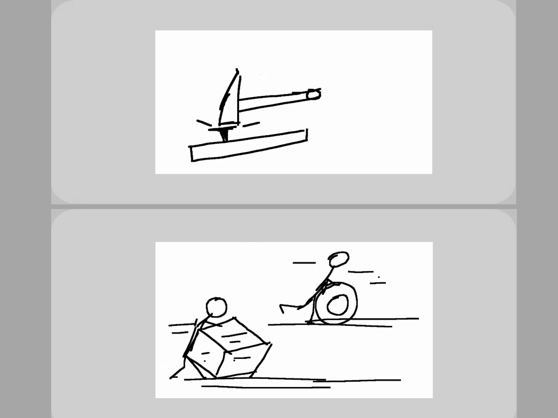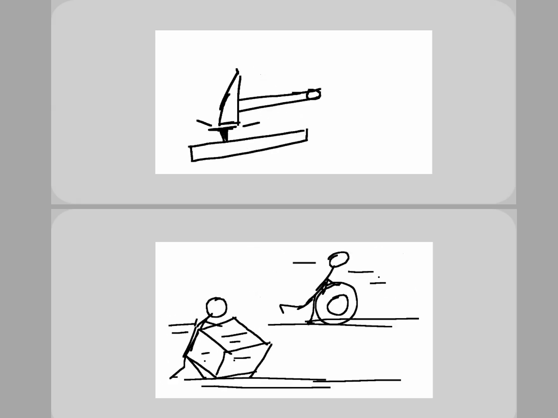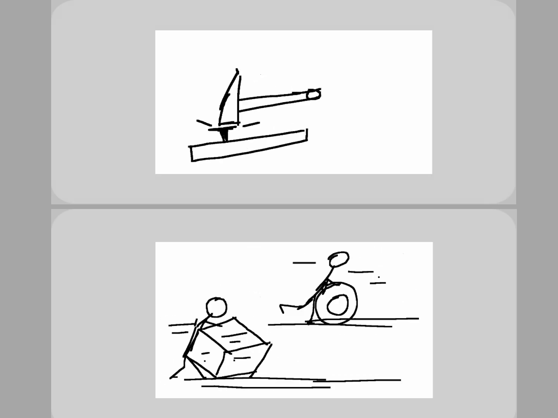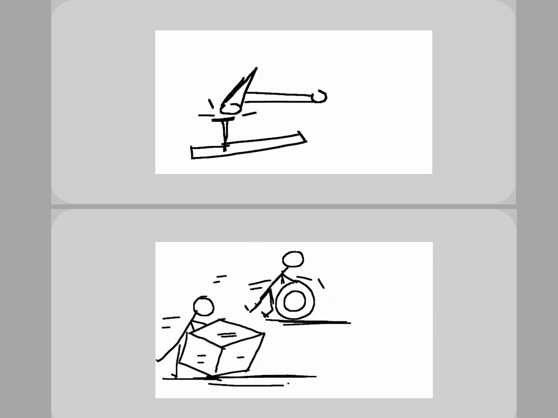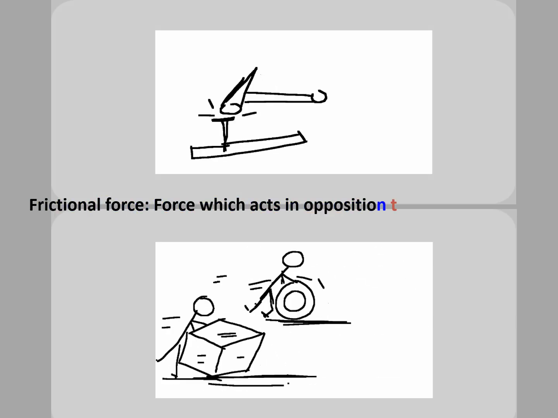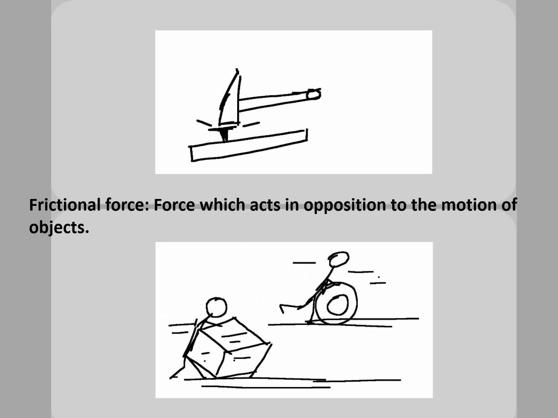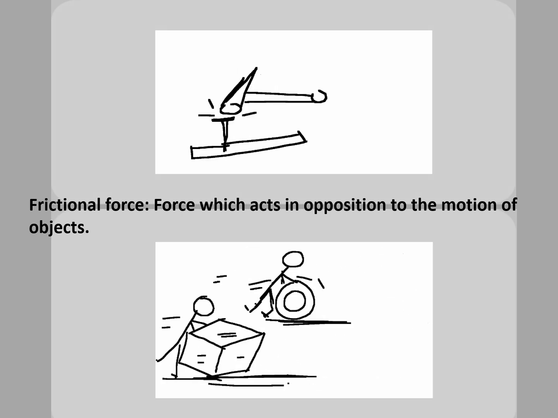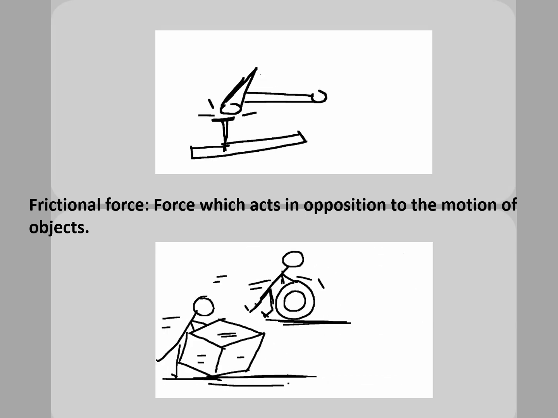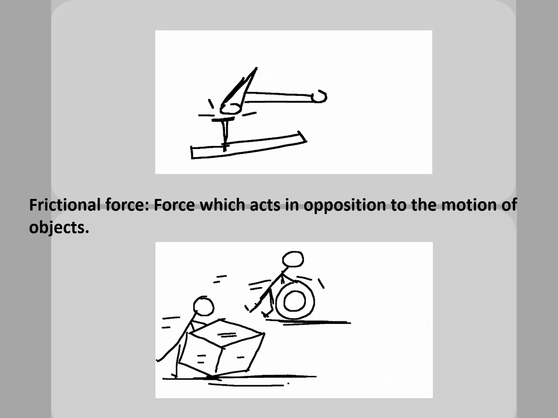We see clearly that the person rolling the circular object is able to move it easily, whereas the person moving the cuboidal block is unable to move it easily. We say that the friction is more in the second case than the first, so the first one is able to move very easily. We call such a force which opposes motion the frictional force.